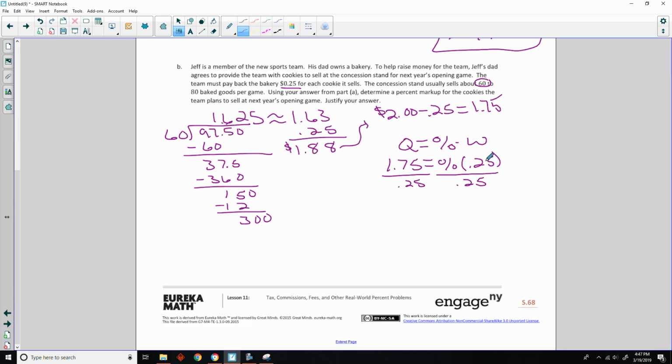And this will cancel, and this will give us our markup percentage. So 25 goes into $1 4 times, 75 cents 3 times, so that's a total of 7. So our markup, our percent, equals 7.0, which is 700%. Wow, that's a big markup. They should go on Shark Tank.